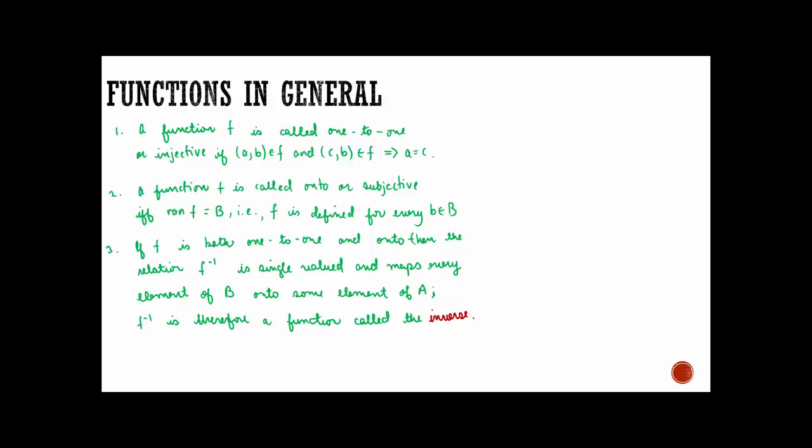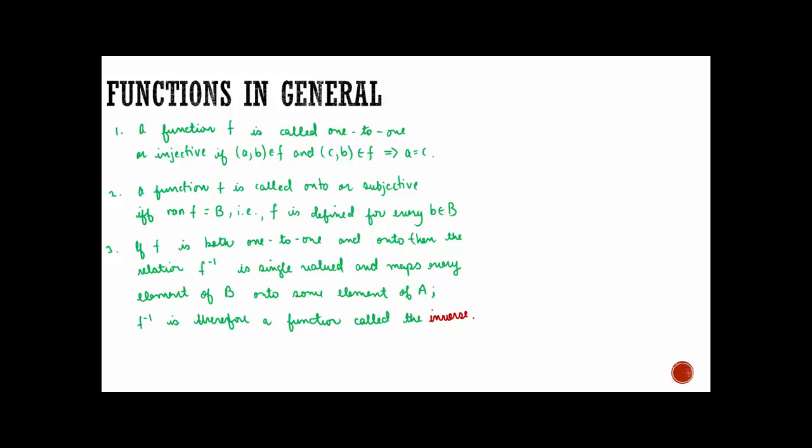Okay, so you're familiar with the inverse. A function f is called one-to-one or injective if (a, b) in f and (c, b) in f implies that a is equal to c. So a and c are going to be the same value.